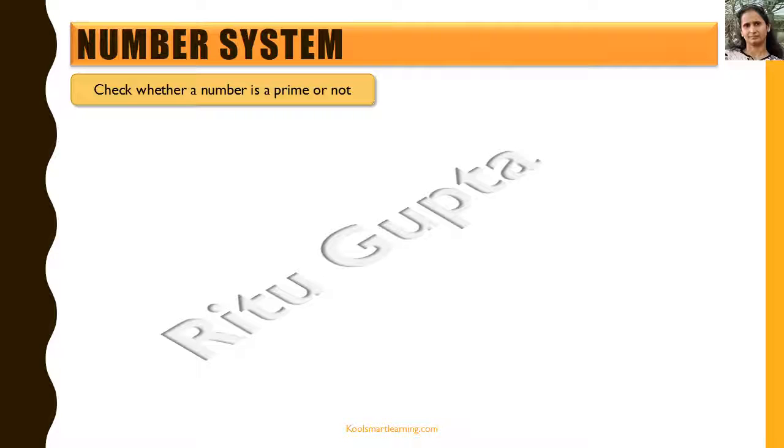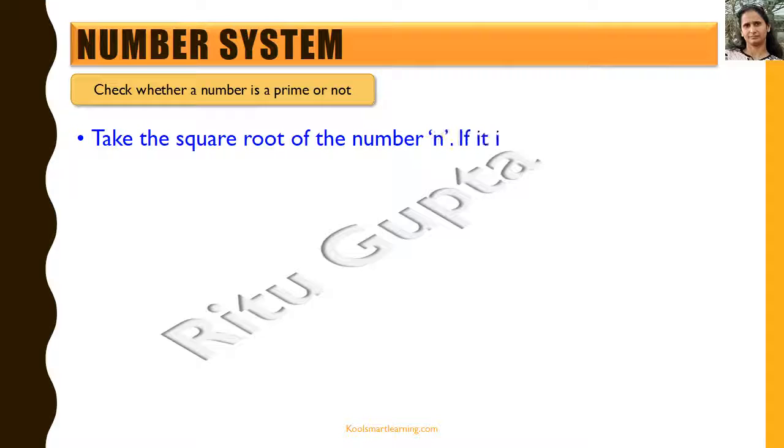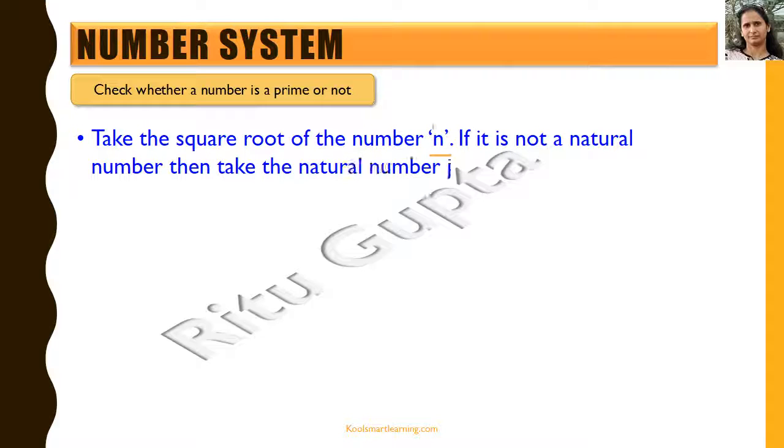So friends, now let's see how do we check whether a given number is prime or not. So we first take the number n and we find out the square root of this number. Now if the square root of this number is a natural number, then we know that it's a perfect square and hence it is not a prime number.